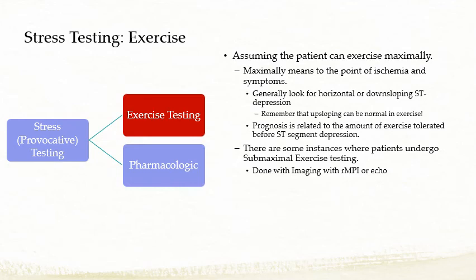Under some systems or instances, patients don't necessarily need to go through maximal exercise testing. If the patient is also having concurrent imaging with an echo or an RMPI, since those are more detailed tests, you can have patients undergo sub-maximal exercise and still get some results from it.